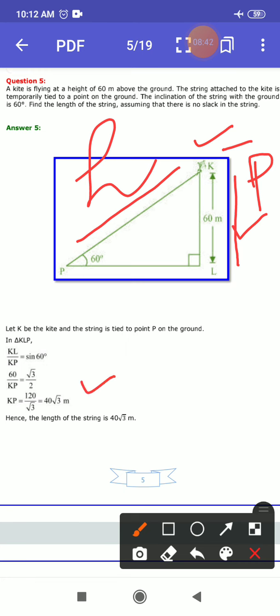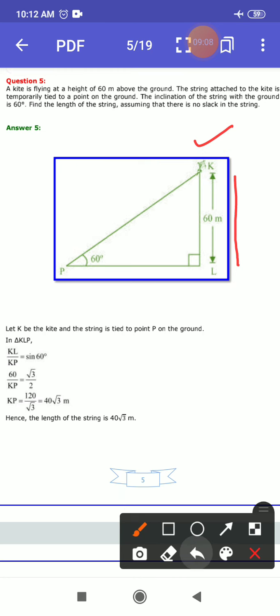So this is the way to find the length of the string that is attached to the kite, and that kite is flying at a distance of 60 meters from the ground. Clear? Now you understand how to solve this question in your exam. Now the next question we have to explain.